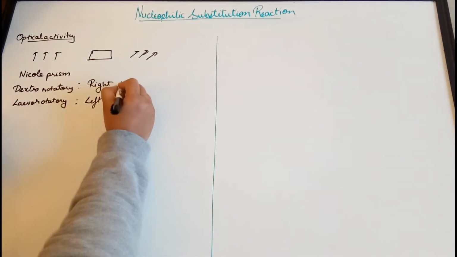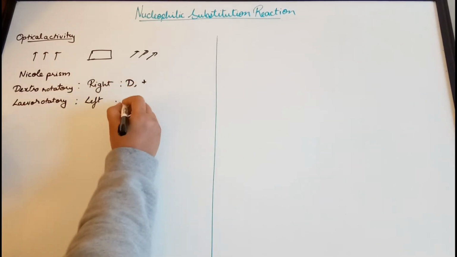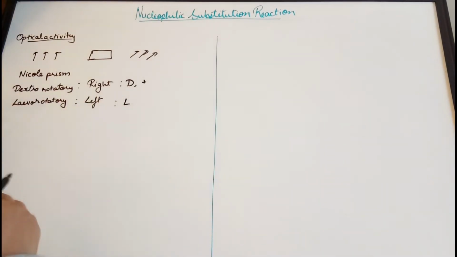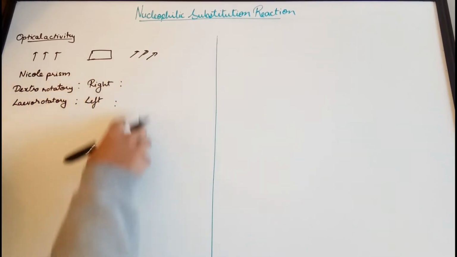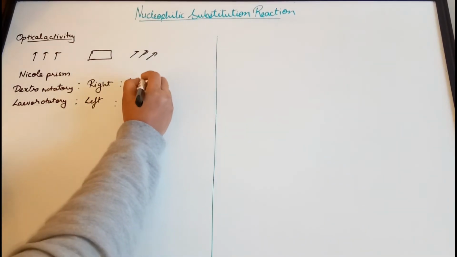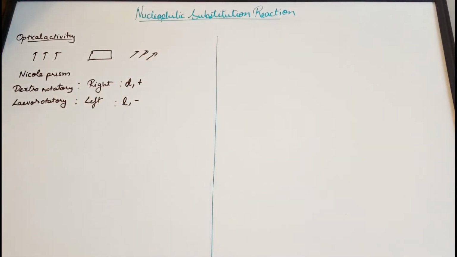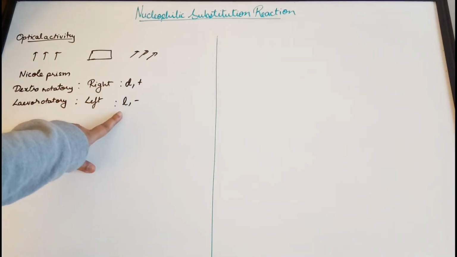Dextro is denoted as D or plus, whereas levo is denoted as L. It's supposed to be small. Capital is for the configuration, but this is the rotation of the plane polarized light. So D and positive, or L and negative. This is also referred to as the D form, and the levorotatory is referred to as the L form.